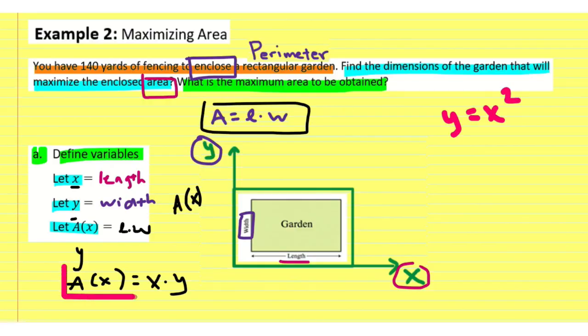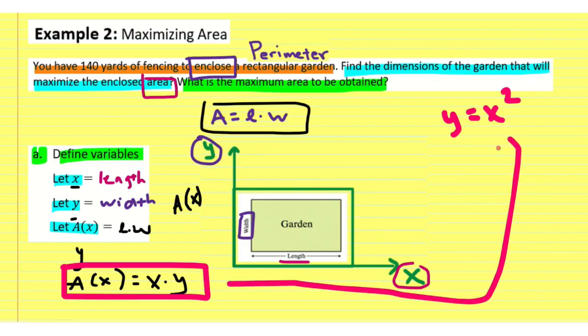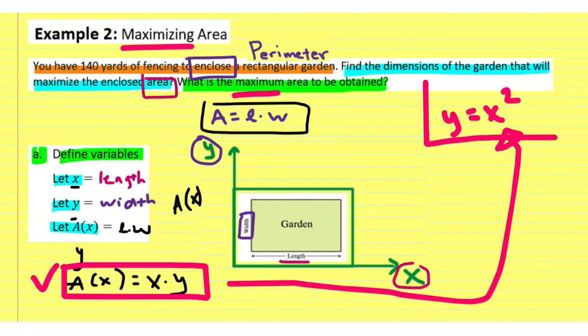So this area function right here, as we move forward, is going to get a little bit more complicated, and it's going to end up with an x squared in it before we can actually find a maximum area. So just keep in mind that this is a simple area function, but it is going to get a little more complicated so that we can maximize it, and it will look more like a quadratic function before all is said and done.